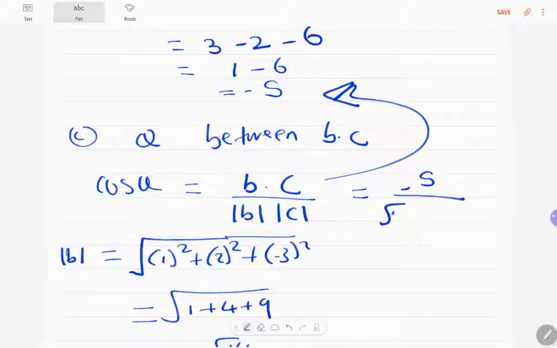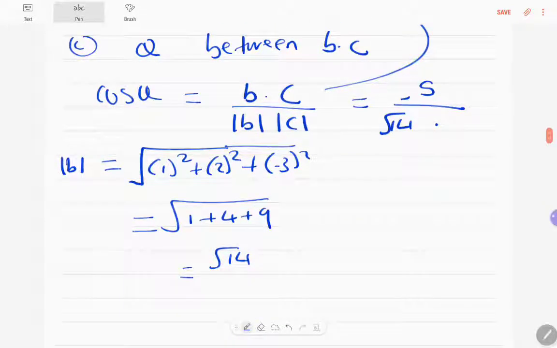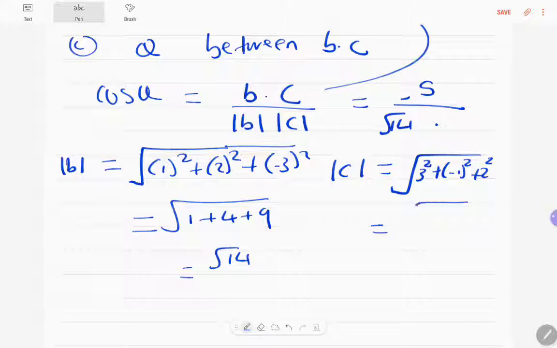Magnitude of B is root 14. Let us find magnitude of C. It is the root of 3 squared plus minus 1 squared plus 2 squared, which is 9 plus 1 plus 4. This is still 14, still the same thing.